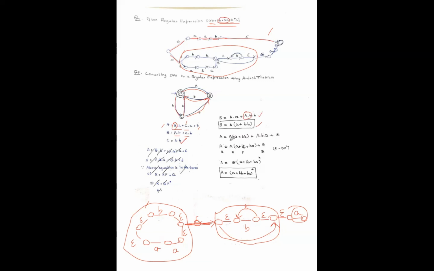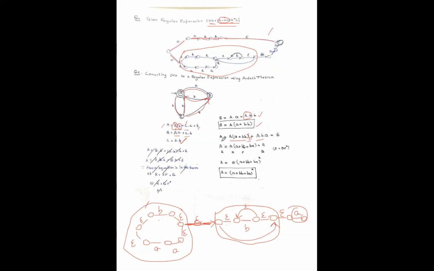So then we got A into A plus BB plus, in place of C, we need to write A dot B dot A plus epsilon. So here B is A into A plus BB dot B. So we need to write this B also.